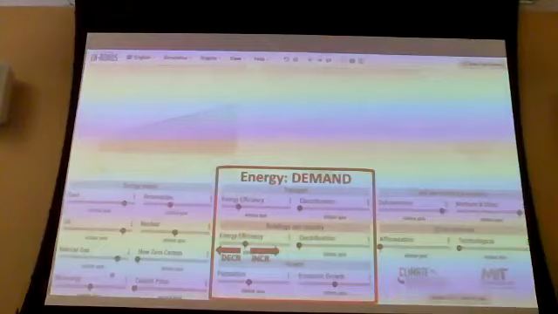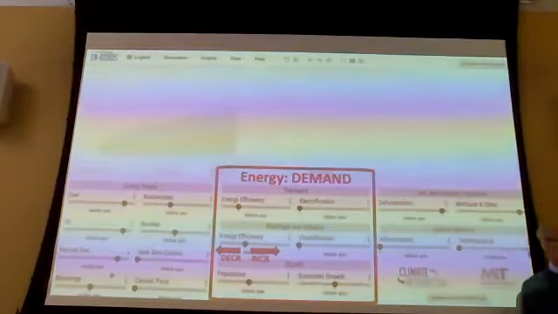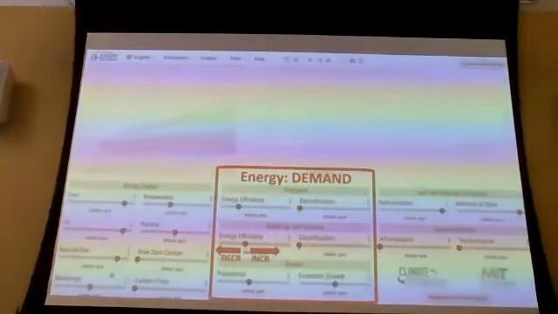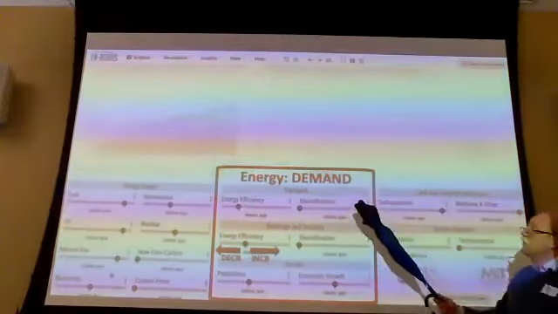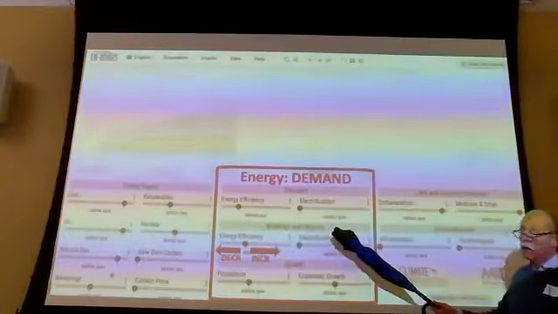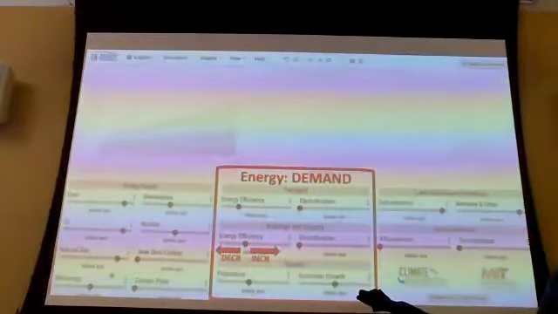Now let's go to the policy side. That's the bottom half. Policy is governed by supply and demand. The easiest thing to understand first is demand. Demand comes from four different things, really: transportation, buildings and industry, and population growth or economic growth.